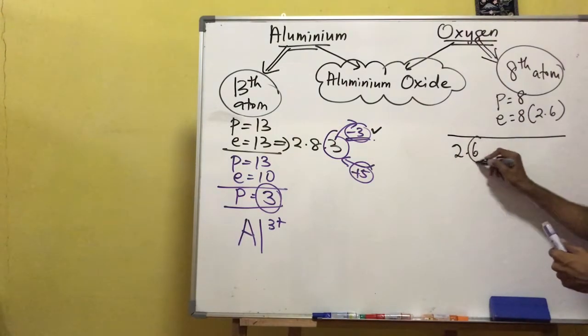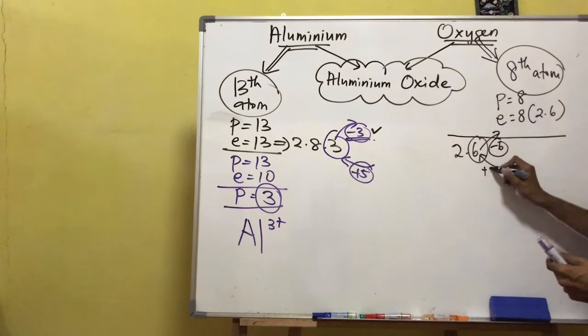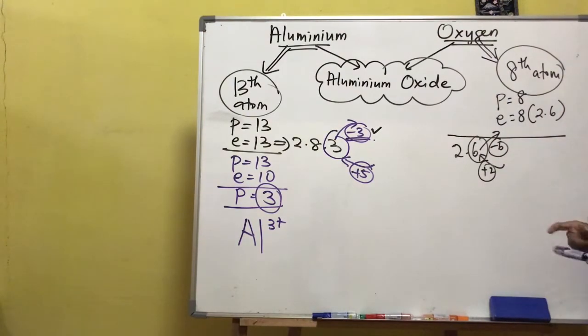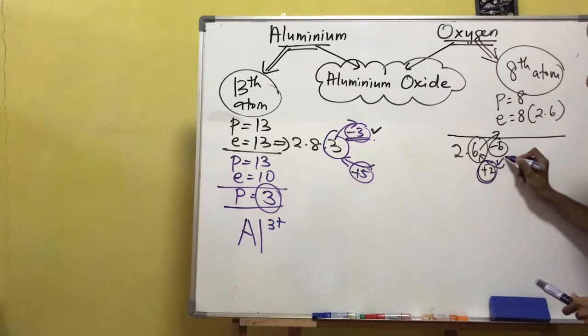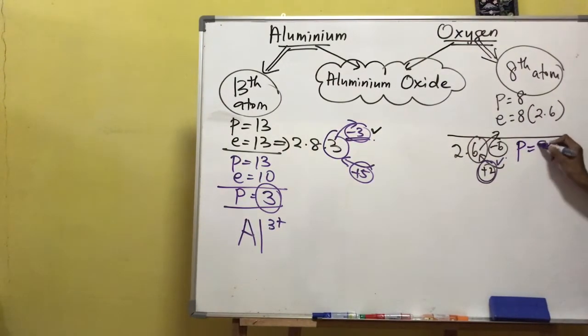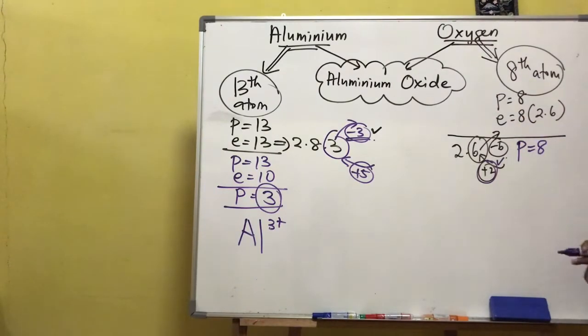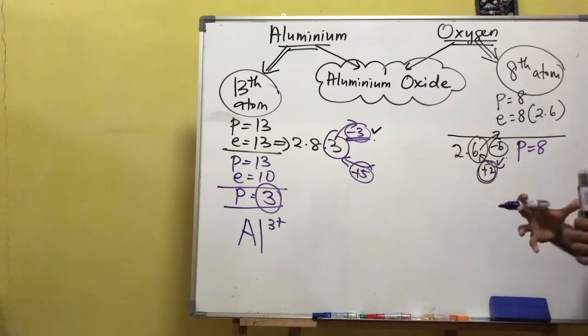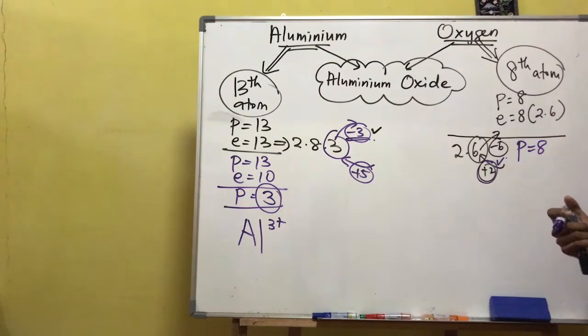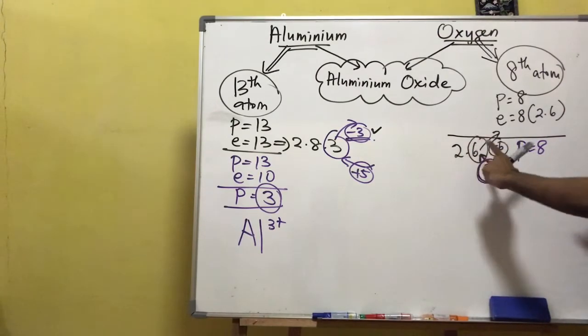now, when there is 2,6, is it easier to throw away the 6 or to add another 2? So we would take the latter. Kita akan ambil yang lebih mudah, which is kita akan tambah saja 2. Jadi, asalnya proton ada 8 dan elektron ada 8. Sekarang, untuk mencapai susunan elektron oktet yang stabil, or to achieve stable octet electron arrangement, we need to add 2 electron to this electron arrangement.